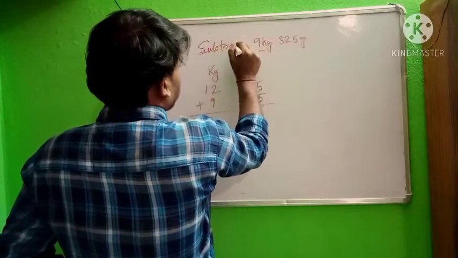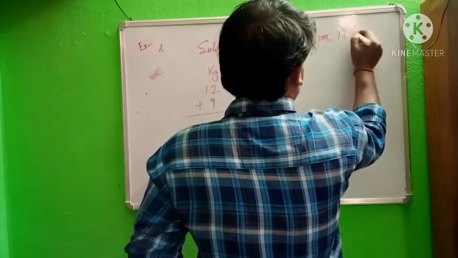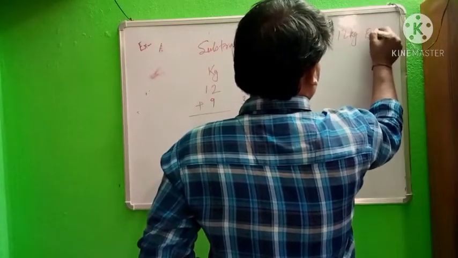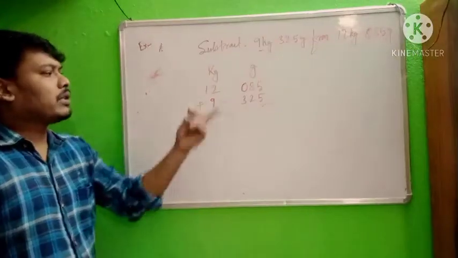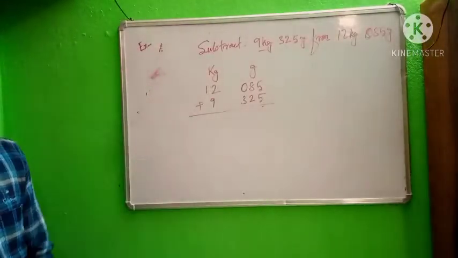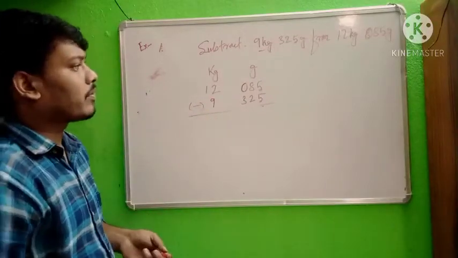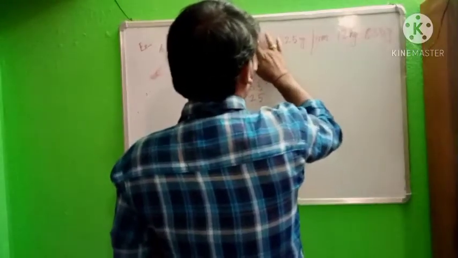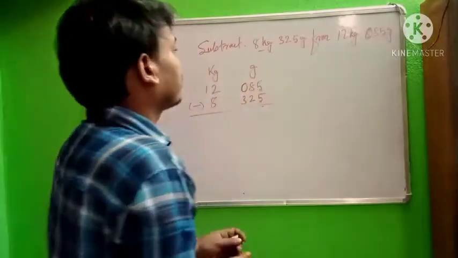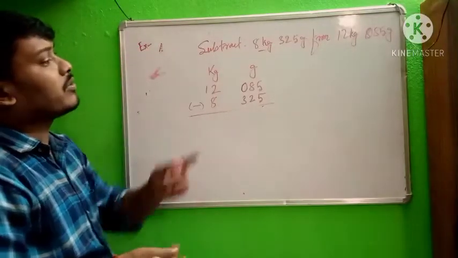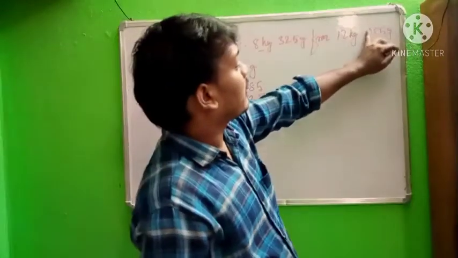So if the question is: subtract 8 kg 325 gram from 12 kg 85 gram. The question is written in this way.